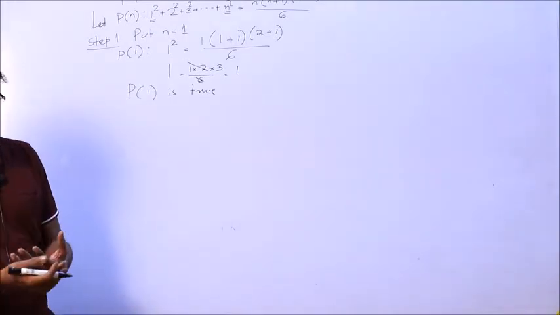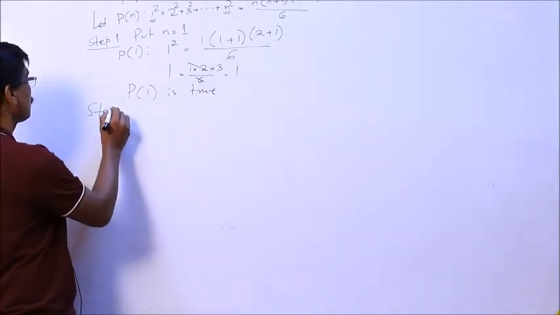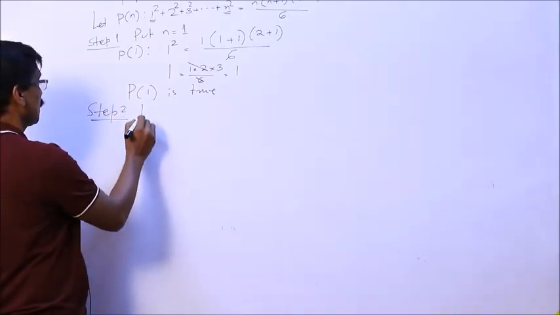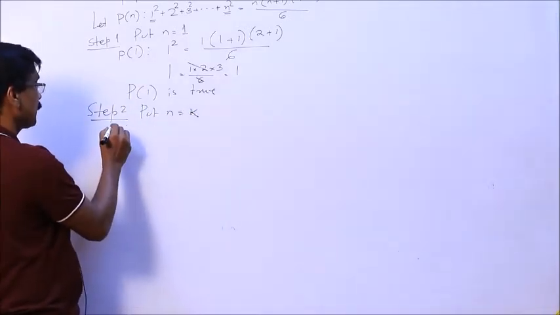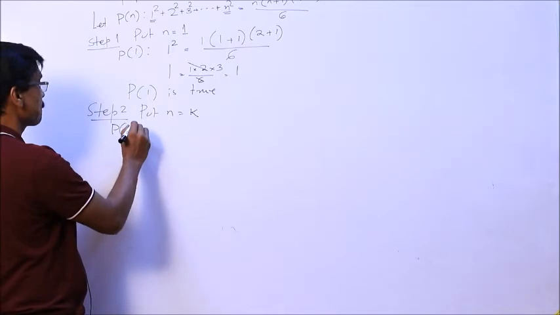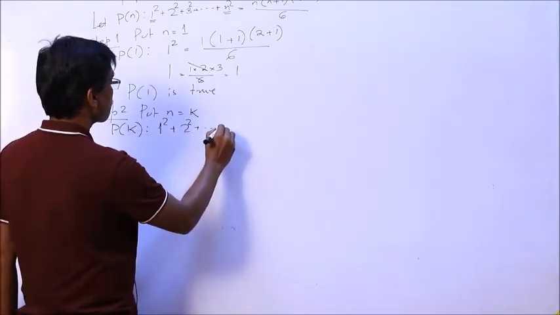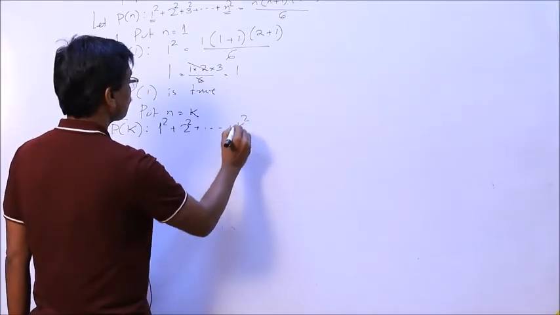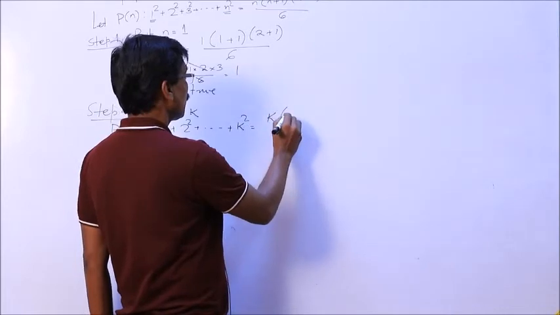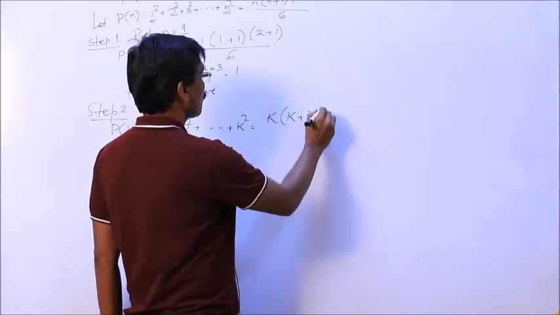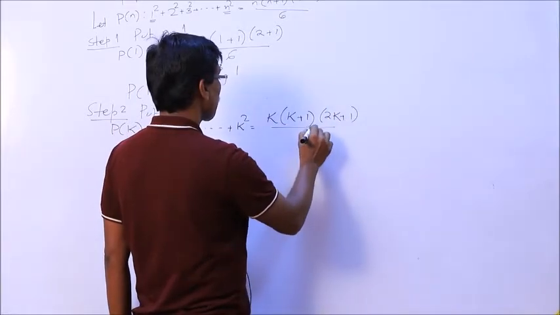Then we move further. The second step, put n is equal to k, that is P(k): 1 square, 2 square up to k square, that is equal to k into k plus 1 into 2k plus 1 divided by 6.